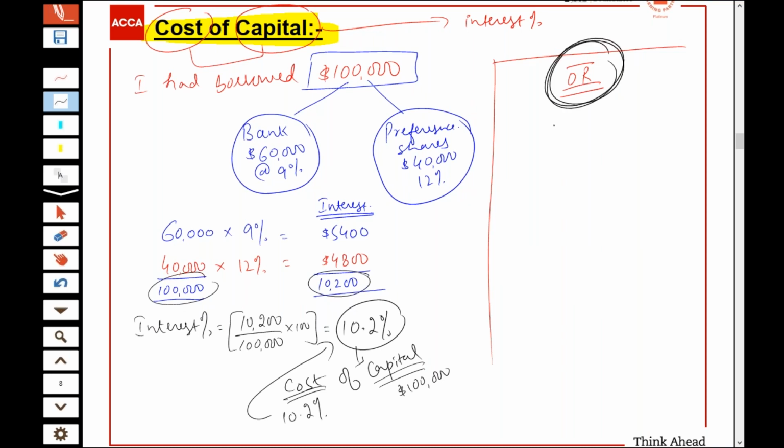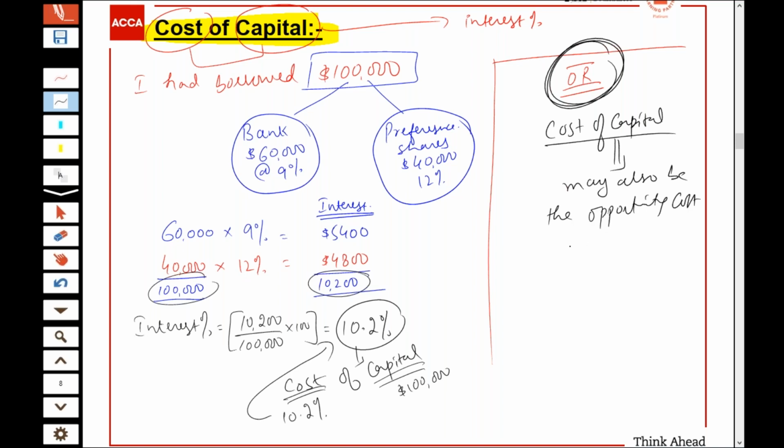Or cost of capital may also be the opportunity cost of cash holding.